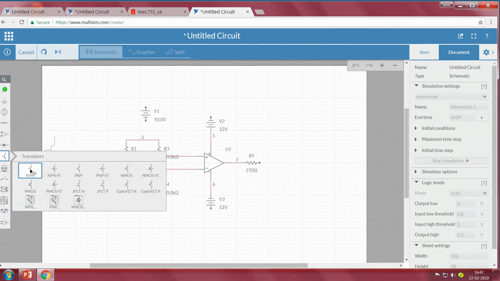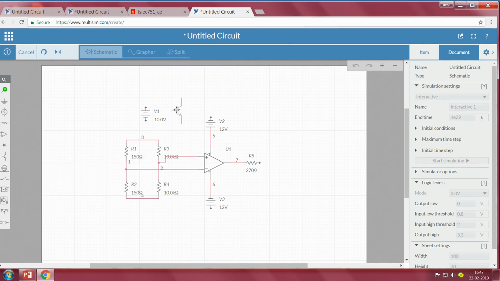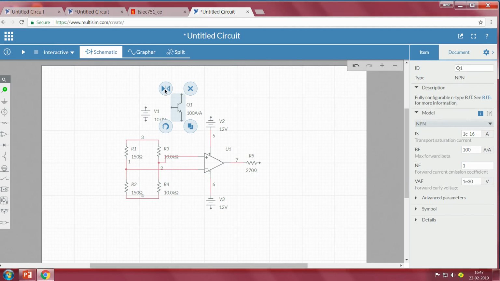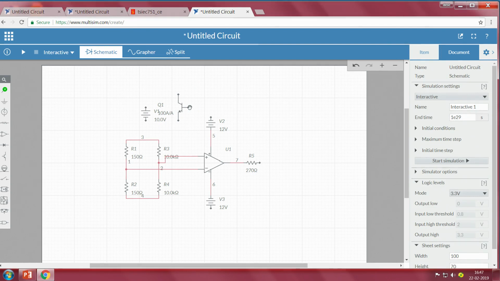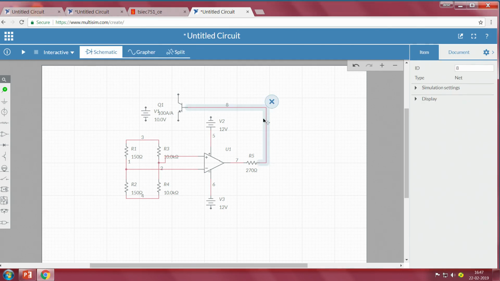Let's choose the NPN type transistor here. I am feeding the output of the amplifier to the transistor.